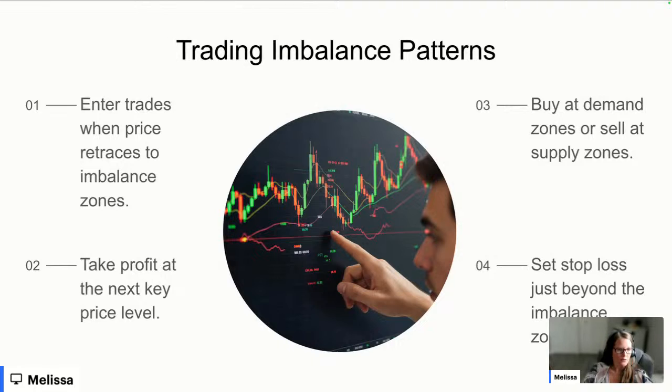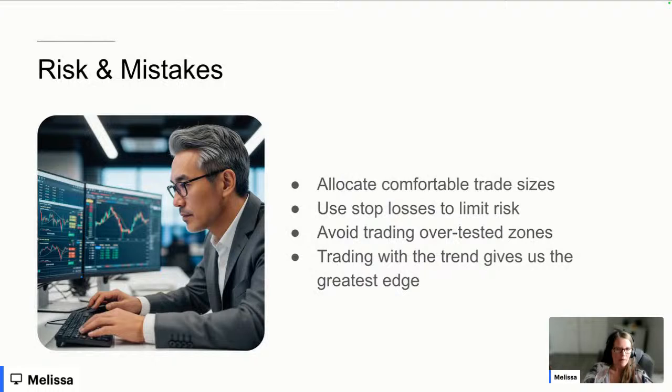Now, of course, as with any strategy, there are risks and we want to protect our capital. So it's important to talk about risk management, and of course some mistakes that I made as I was just beginning to trade this strategy. I want to touch on those with all of you.